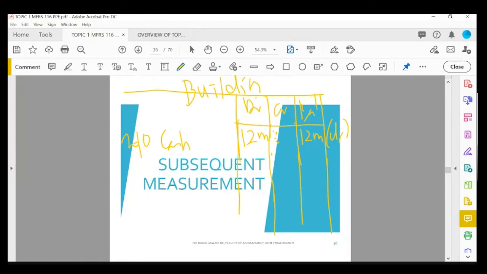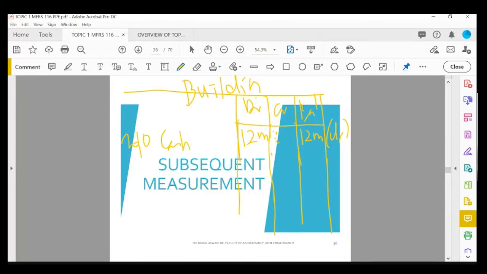So when we adopt the revaluation model, we have to increase the carrying amount of the building to its fair value, which is 15 million. In the computation of the carrying amount under the revaluation model, the carrying amount of PPE is equal to the revalued amount. What is the revalued amount?